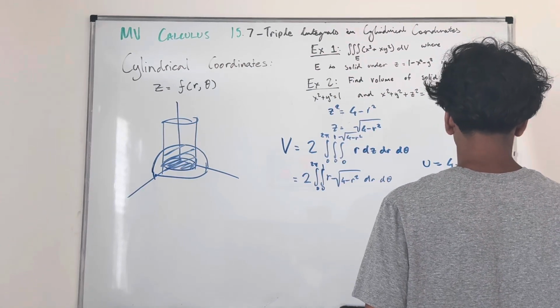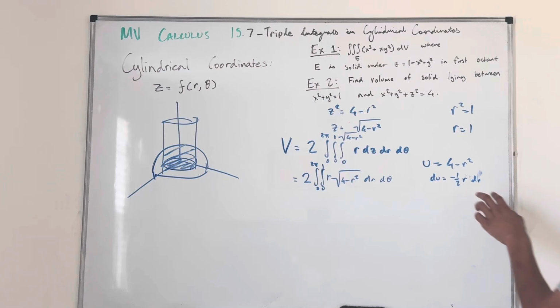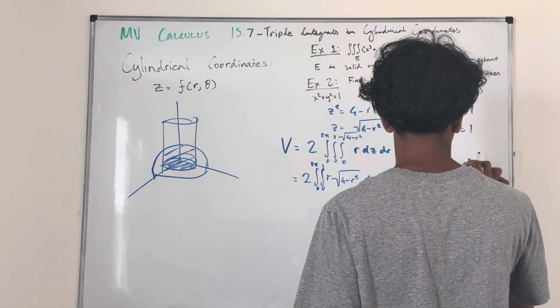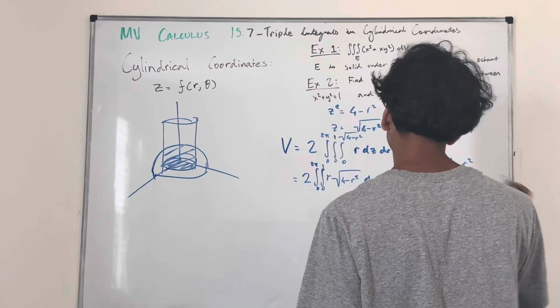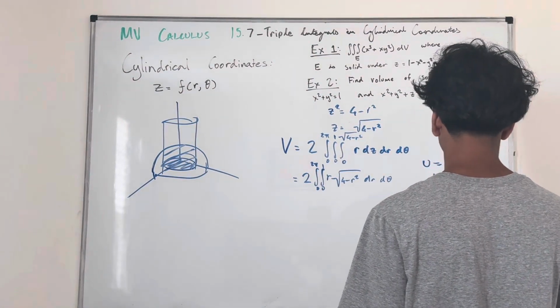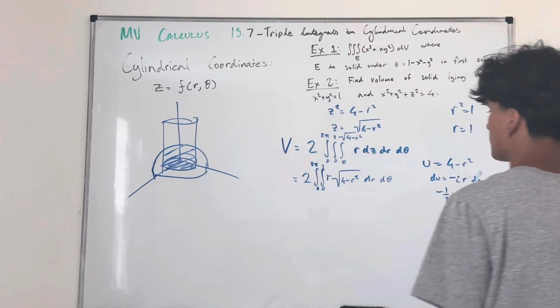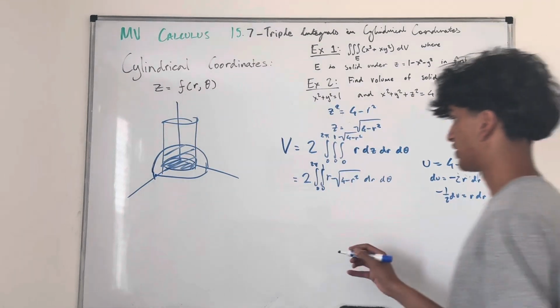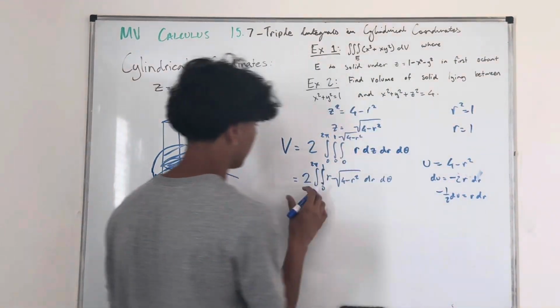I have an r dr here, so I would multiply by negative 1/2 du to isolate r dr. So then I can pull that negative 1/2 out of the integral.